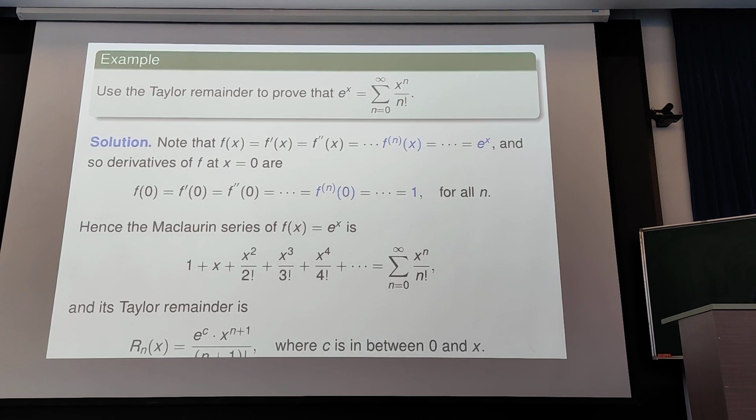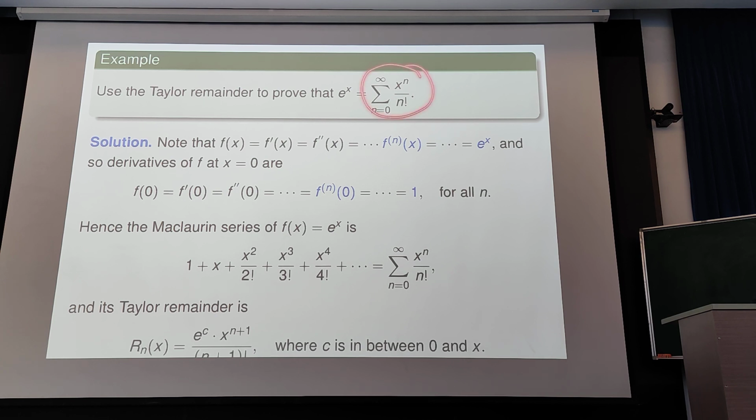Okay, you can take a look at this example. See, this one is a very well-known formula, a very well-known power series representation of the exponential function. Okay, it's very well known. So we want to prove that. We are given this exponential function, and you can define its Taylor series, right?